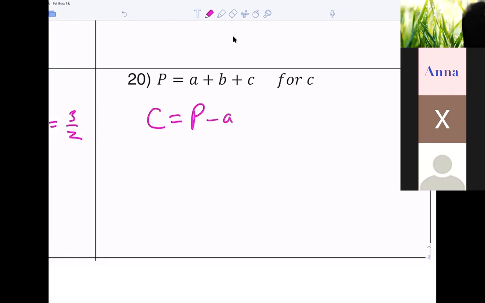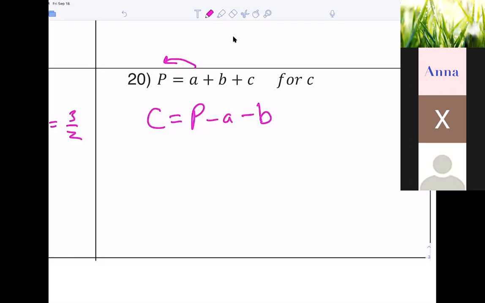No, leave them alone. You move the A, and now you move the B. If I move the B is also what? You move the A became negative. Yes, there you go. C equals P minus A minus B. Beautiful. Easy, working backwards. Some of them are easier, some of them are harder.